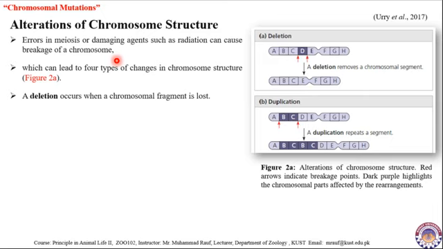But if it lacks a centromere, then such a segment is called acentric. Acentric means without a centromere, and because this segment does not have any site for the attachment of spindle fibers, it will be lost from the newly formed cells.